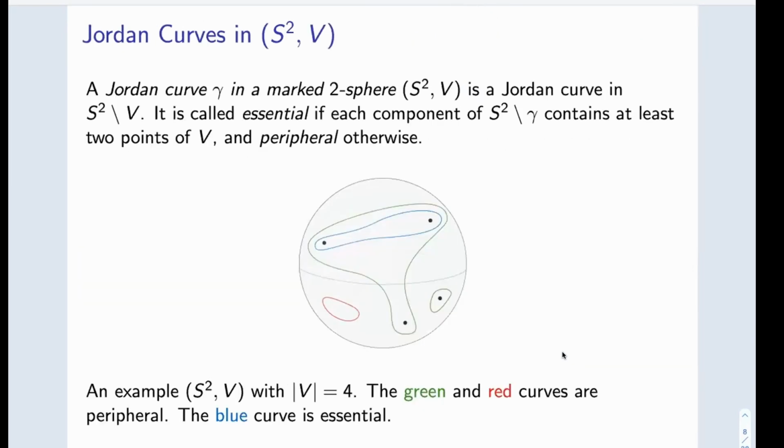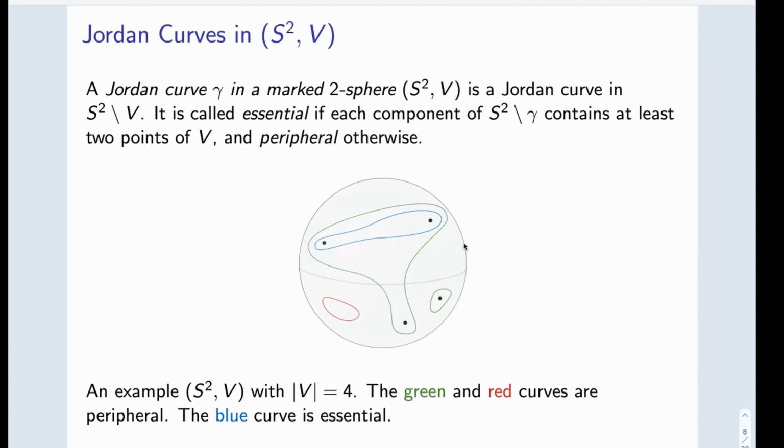So to do that, I need to first introduce some terminology here. So I want to talk about, I guess, the classification of curves in a marked sphere. Okay. So a marked sphere is just going to be a sphere that has some finite collection of points V. All right.